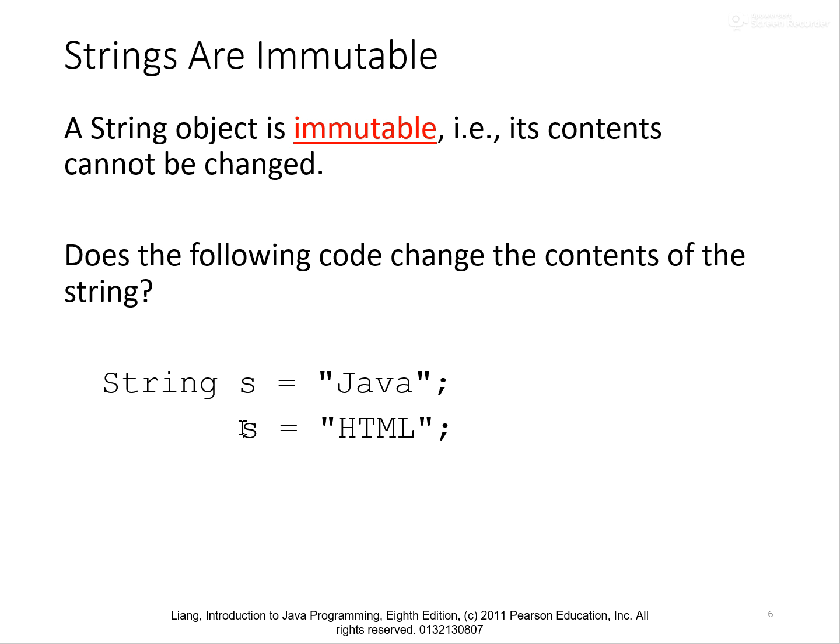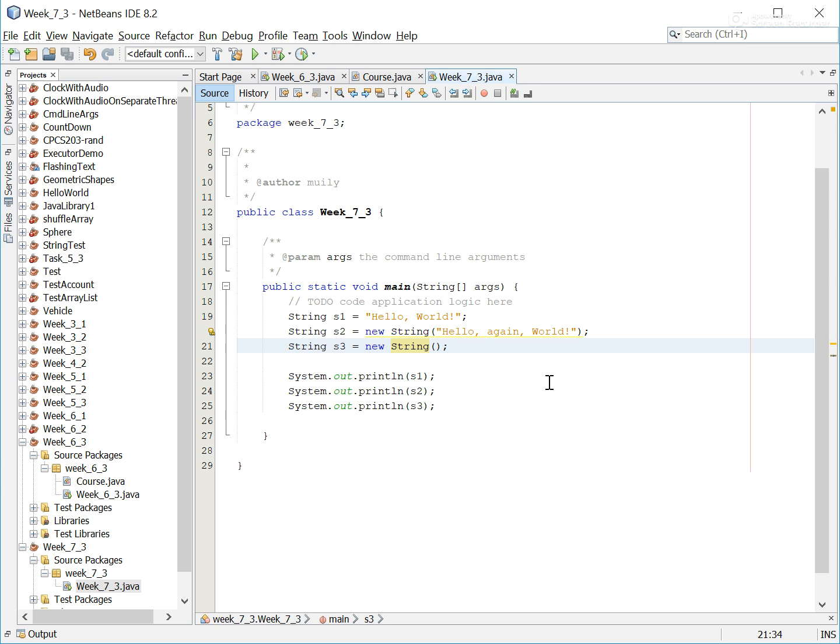Now, it looks like we are actually changing the contents of the string object s. But, like I just told you, the String class is immutable. Contents cannot be changed. So why is it that when we run these two lines of code, we end up not having an error of any kind? Let's try this out very quickly.